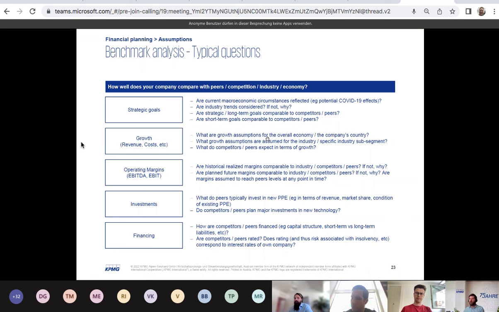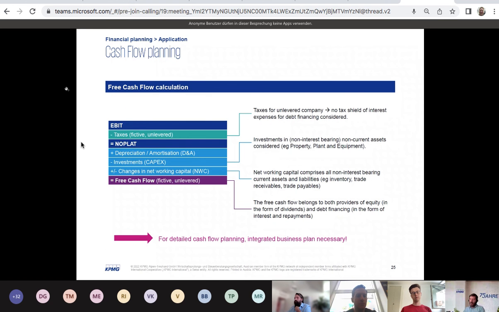Okay. And let's now talk about the application then in your financial planning. And for that, I think it's best we start with the free cash flow calculation, because here you see which components are the most important ones for your valuation case study. And the first item would be the EBIT based on your P&L planning, on your revenue planning, your cost planning.